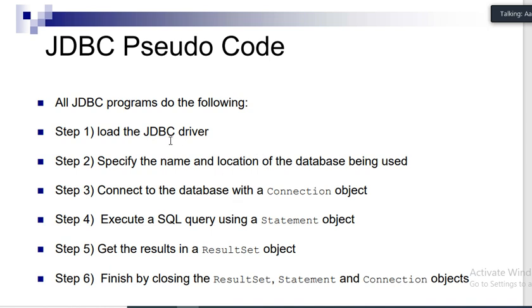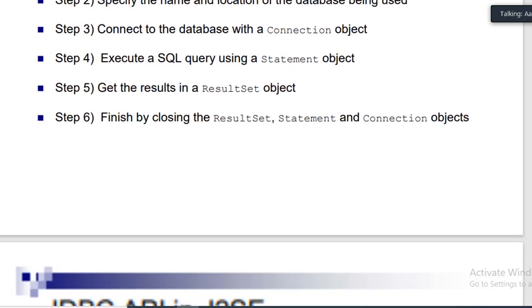You need to load the driver with the help of Class.forName. Then you create the connection using this particular string, where you specify the database server IP, the port and the particular database name. Then from the connection you create the statement and use it.